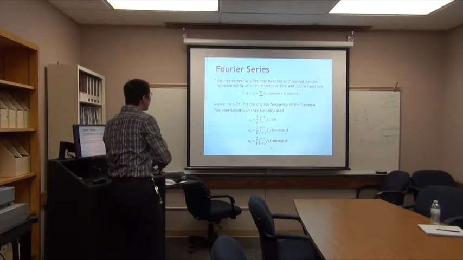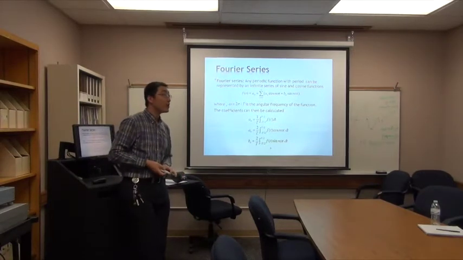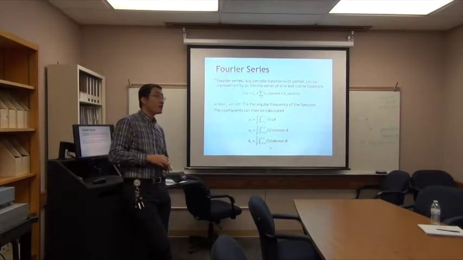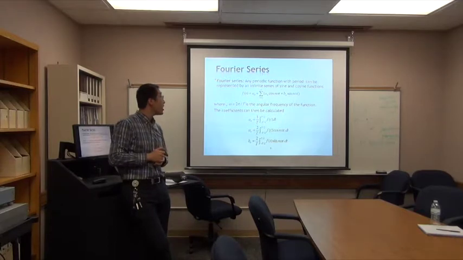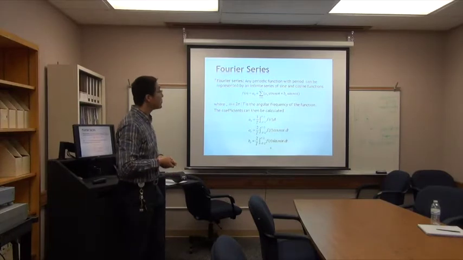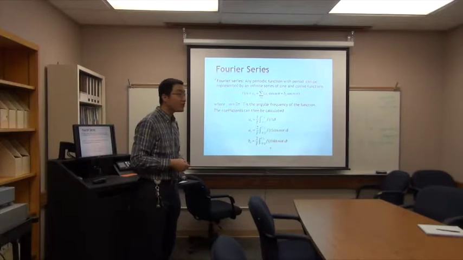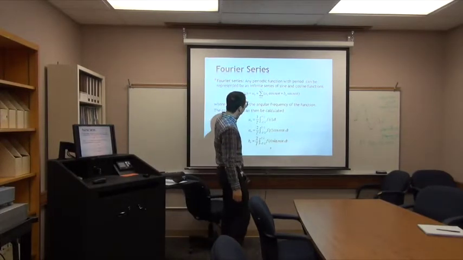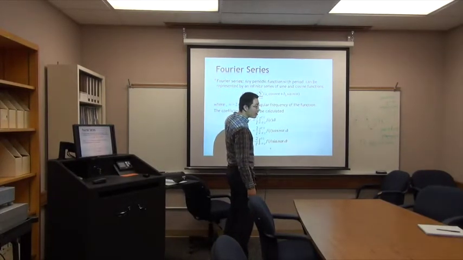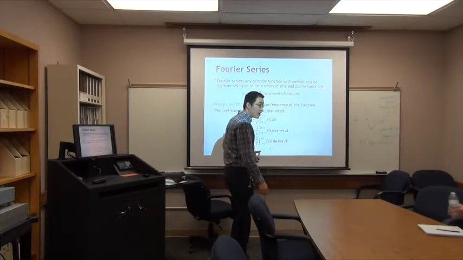Okay, Fourier series. Fourier series, very easy. Basically, it says any periodic function can be represented by an infinite series of sine and cosine. And this infinite series is this, with a constant term and an infinite series of sine and cosine.